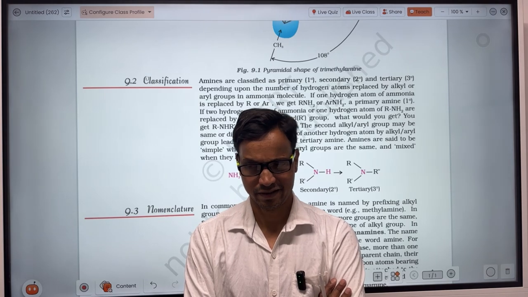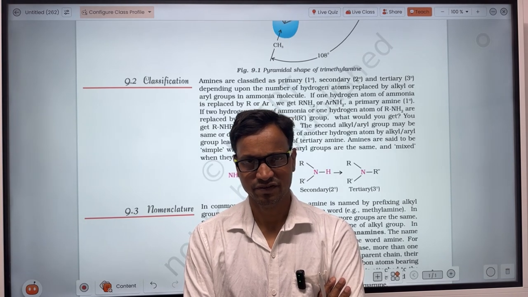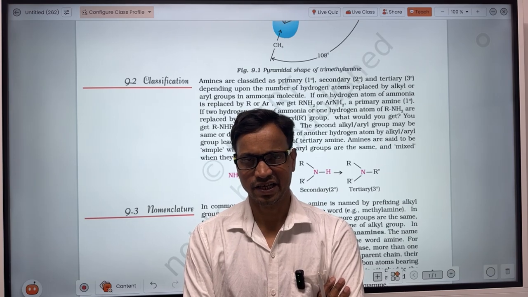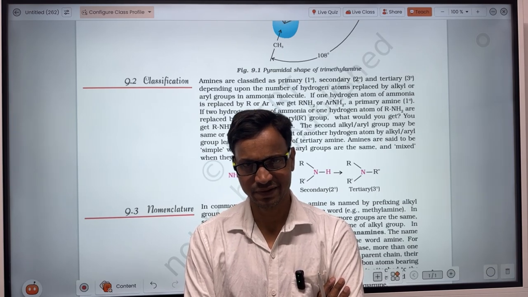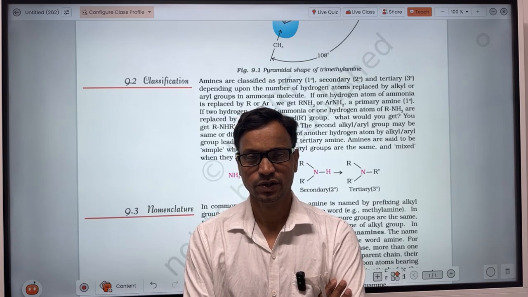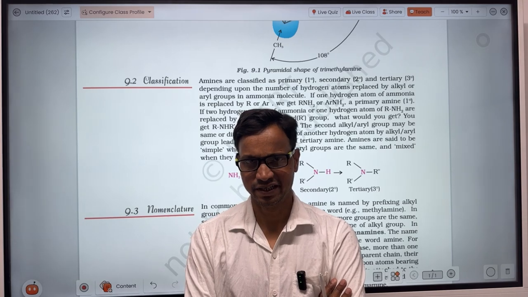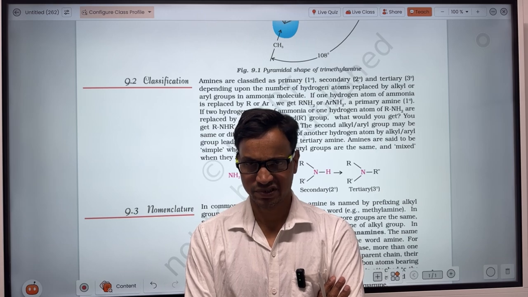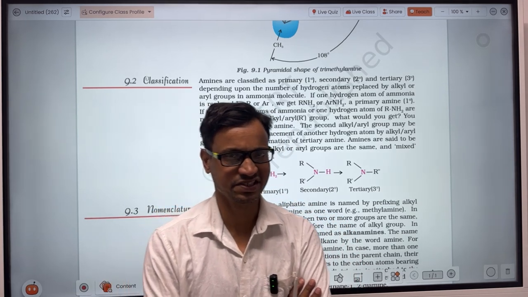If two hydrocarbon groups are bonded to one nitrogen, it is called a secondary or 2 degree amine. If three hydrocarbon groups are bonded to one nitrogen, the compound is called a 3 degree or tertiary amine. As for example, let's see.